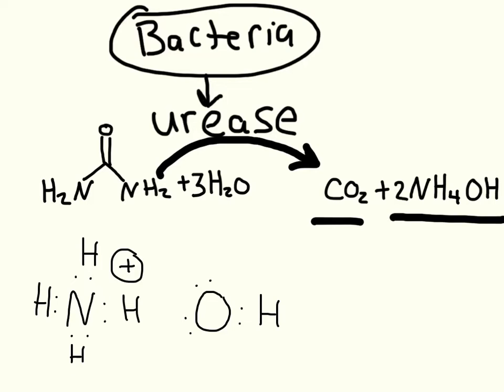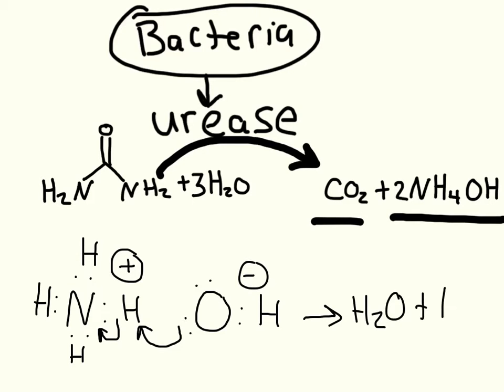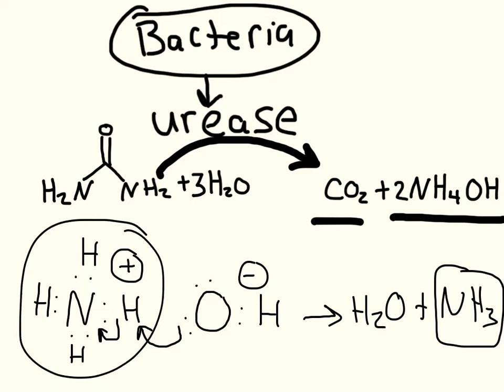And if you remember from organic chemistry, whenever we have ammonium hydroxide, there's going to be a nucleophilic attack where these pull off the hydrogen. The extra electrons are going to stay on NH3, and you form water plus NH3. And NH3 is a base. It can pull off more protons and be stable in the ammonium form.